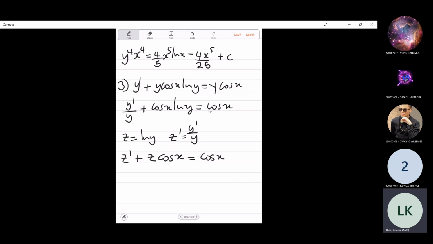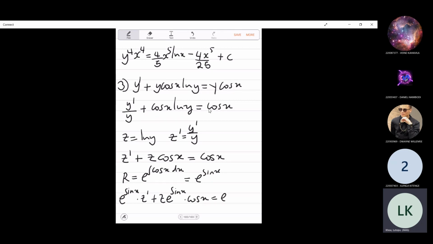And then we need our integration factor. e to the power of sine x, then multiply everything by the integration factor. We have e to the power of sine x z prime plus z e to the power of sine x times cos x.